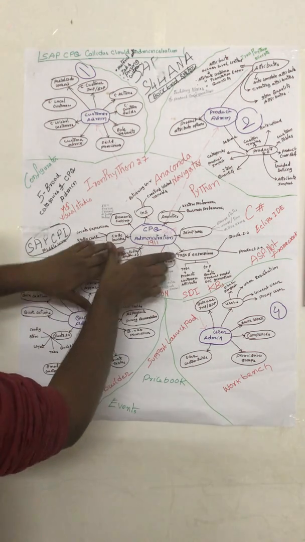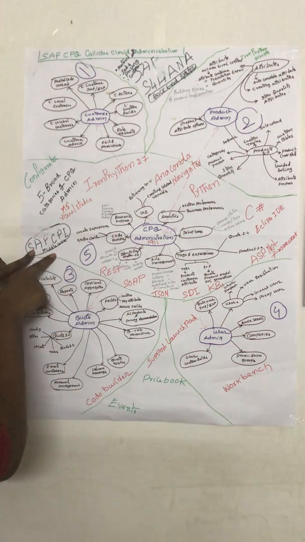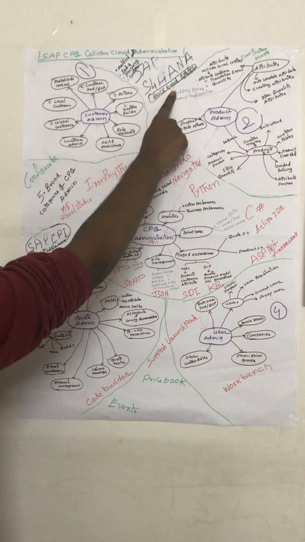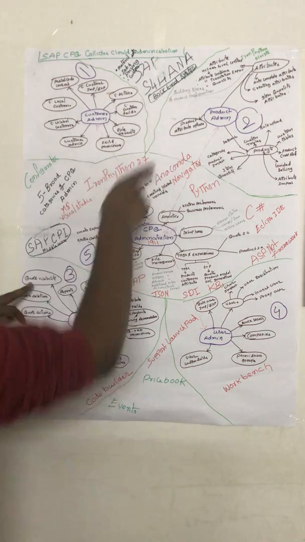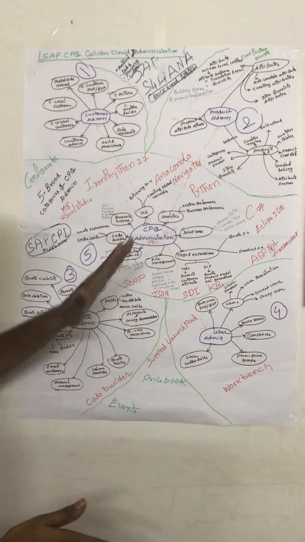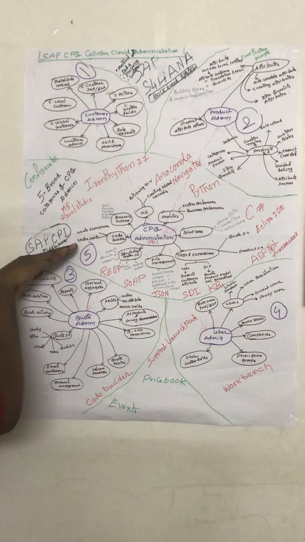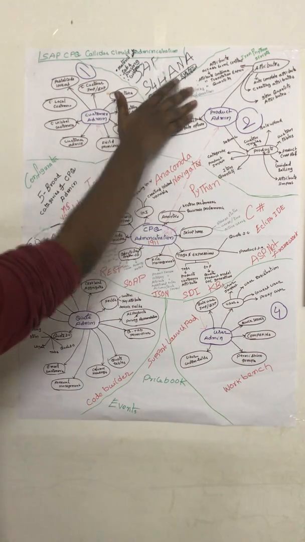First from CPQ, the request will go into CPI, then from CPI the request will go into S4 HANA. All these three are cloud tenants. CPQ is a cloud tenant, CPI is a cloud tenant, and S4 HANA is also a cloud tenant.